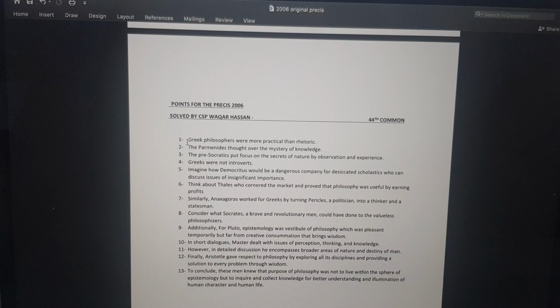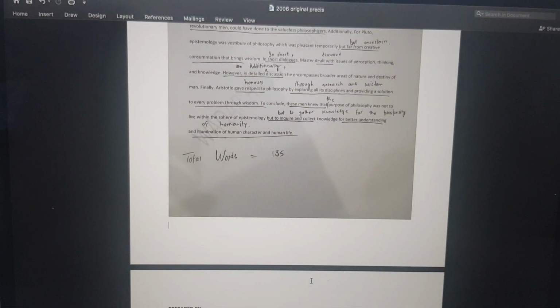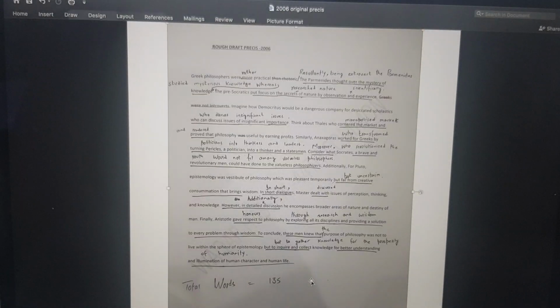So you have to write all the main points like this in the passage, and after writing the points for the précis, you have to move to the next portion, which is called the draft. This is the rough draft of the précis, and in the rough draft, you have to make a single paragraph from the points you have written.